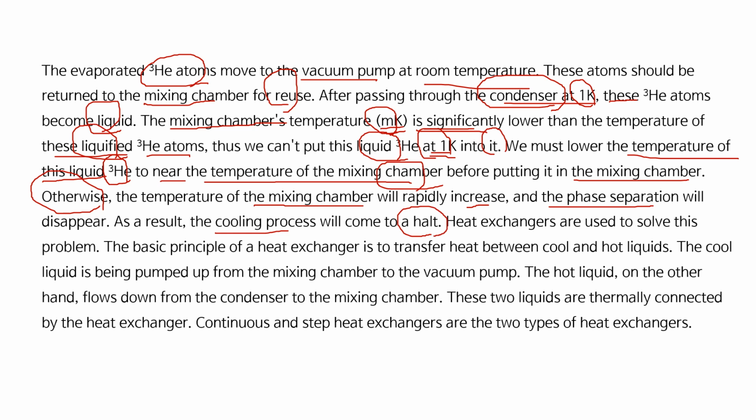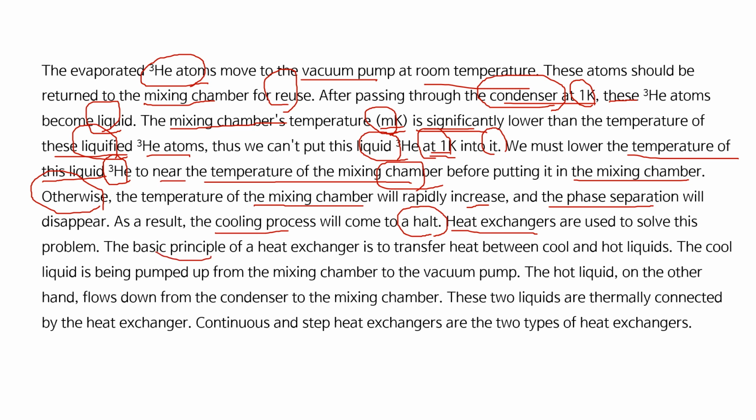So we have to lower the temperature of the helium-3 returning to the mixing chamber as close as possible to the temperature of the mixing chamber. Heat exchangers are used to solve this problem.